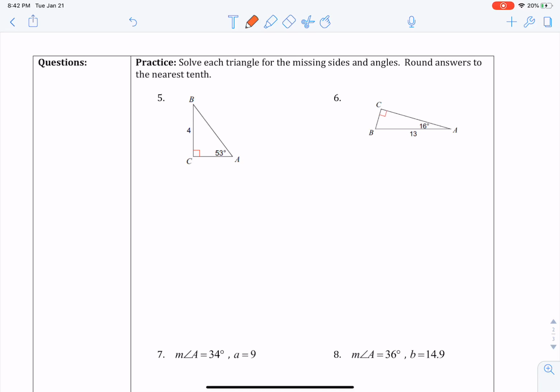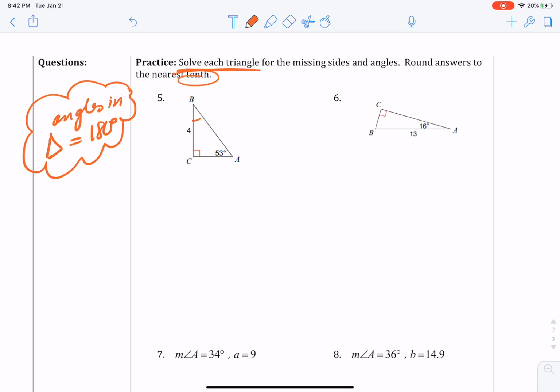Now, I want you to notice as we look at these next 4 problems that it says solve each triangle. When it says to solve the triangle, that means that I want to know all the angles and all the sides. We're still doing to the nearest tenth, but we're looking for all the information. I mentioned in the notes yesterday that you're expected to remember that the angles in a triangle equal 180 degrees.